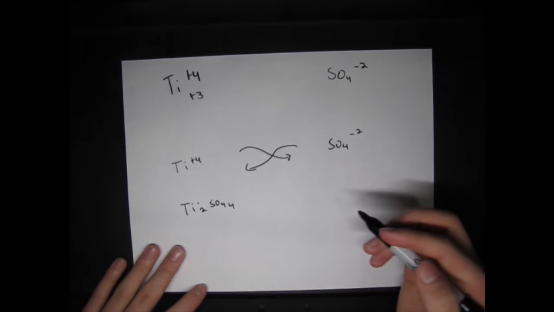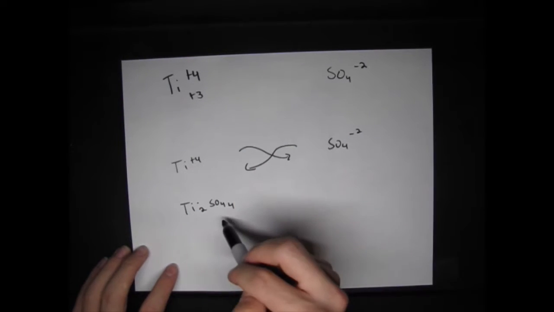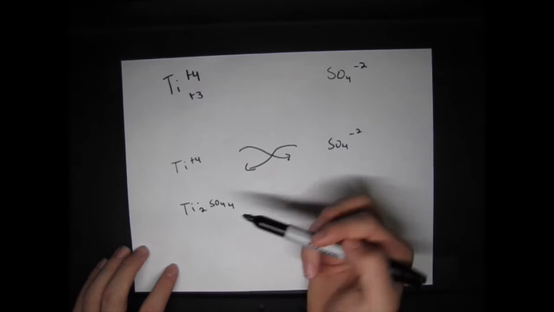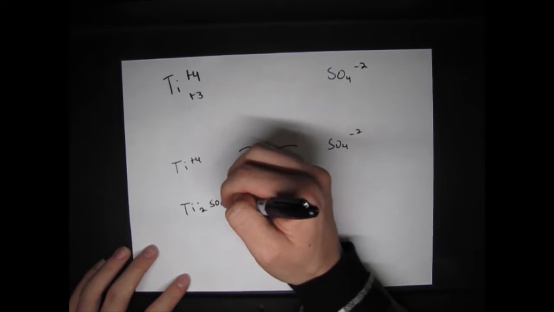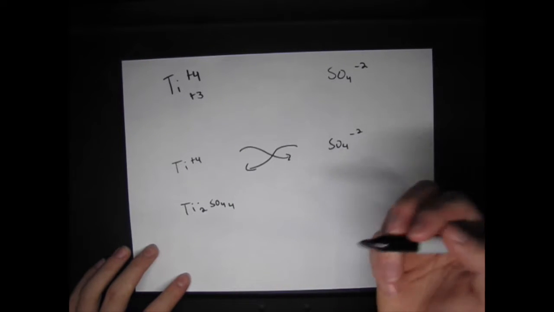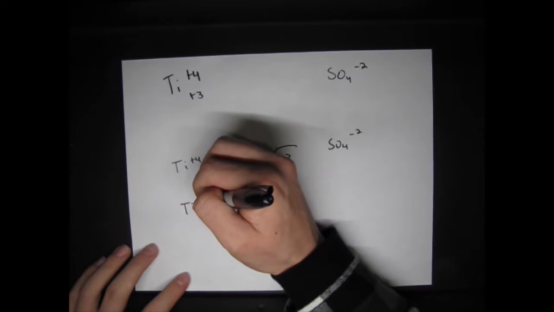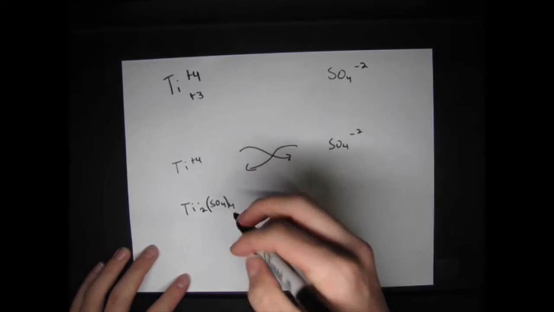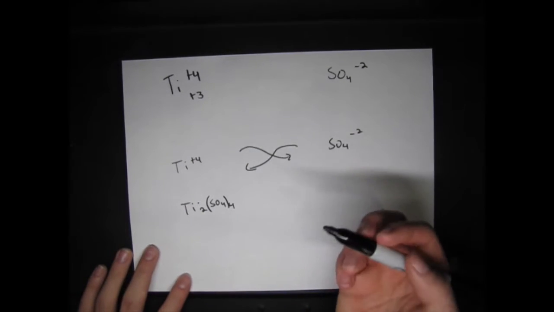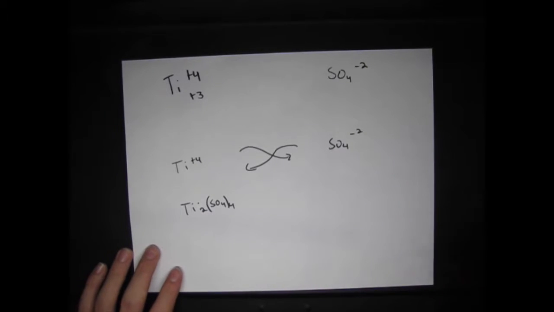Now we can't just leave it like this, because then it would make our oxygen 16, because right now it is only showing that the 4 is attached to the oxygen. So in order to make it attached to all of the sulfate, we need to put brackets around sulfate so that the 4 goes to all of the sulfur and oxygen.